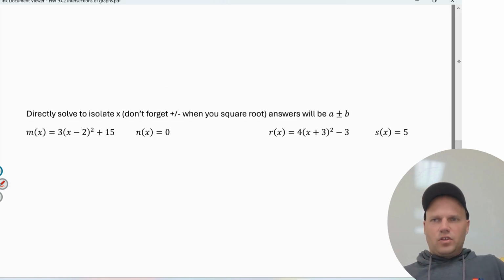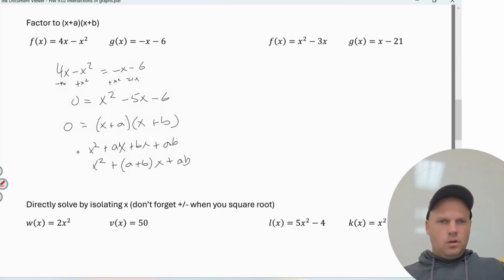We are looking to find the two numbers that add to get this and multiply to get this. Okay, and that goes here and here because they add to get the middle, then multiply to get the end.